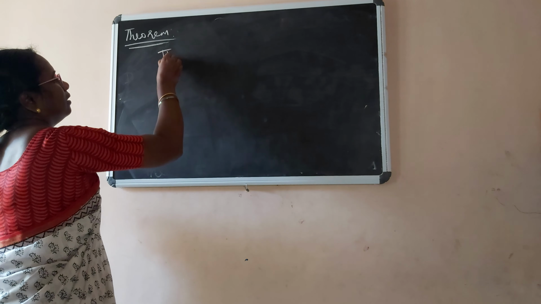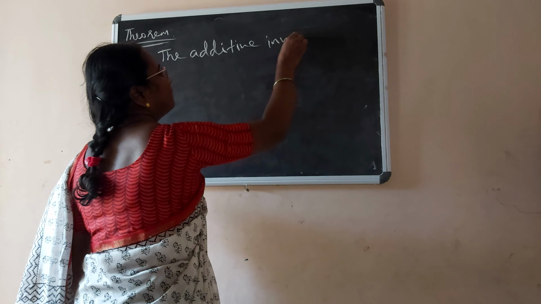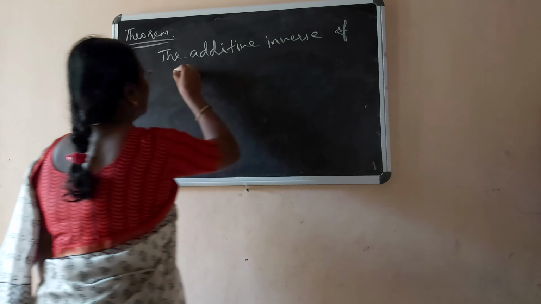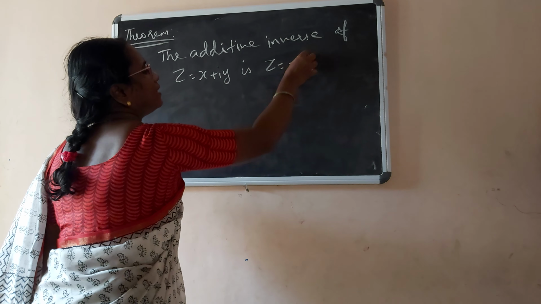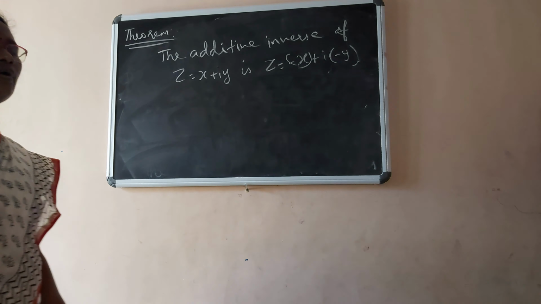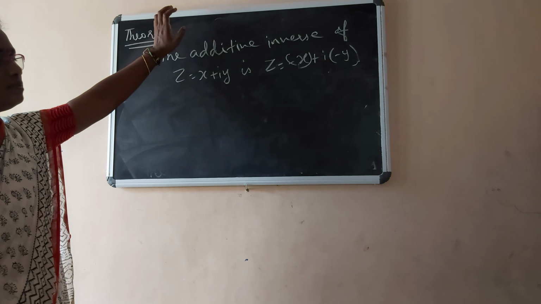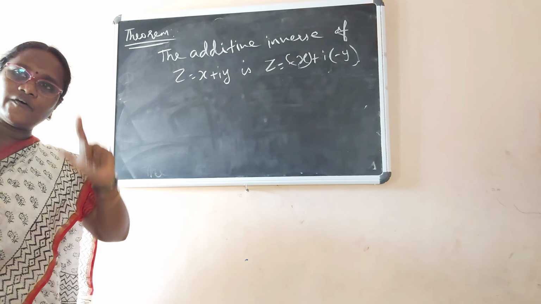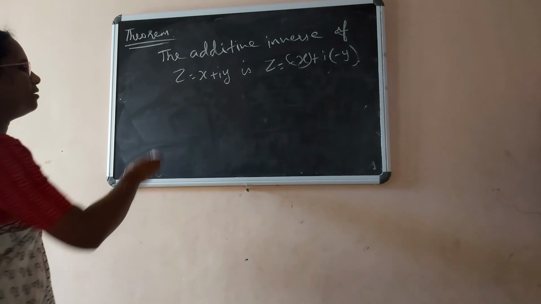Finally, we find the additive inverse: the additive inverse of z is equal to x plus iy is minus x plus i into minus y. These things, closure property, associativity, existence of identity, existence of inverse, and also commutative property, give us that C comma plus is an abelian group.